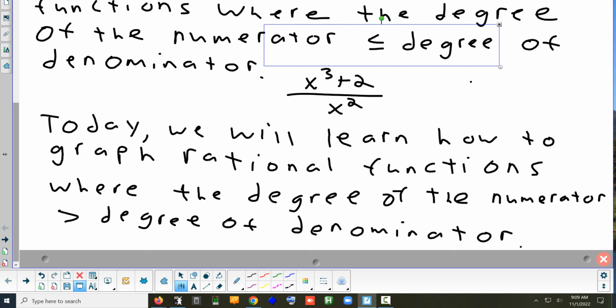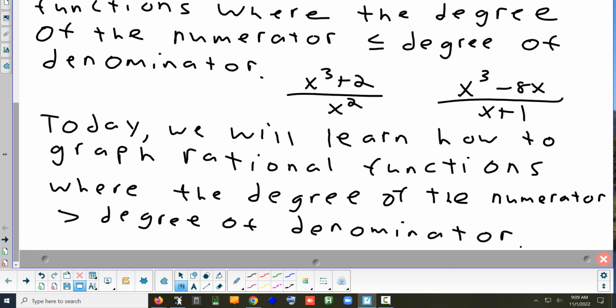If you had a problem like x cubed minus 8x divided by x plus 1, looking at this one, what's the degree in the top of that one? Yeah, 3. What's the degree in the bottom? 1.